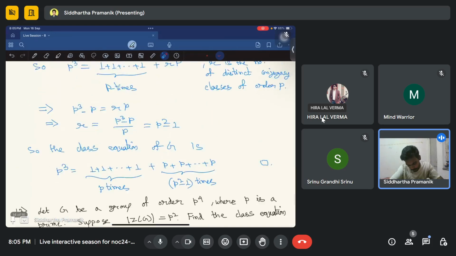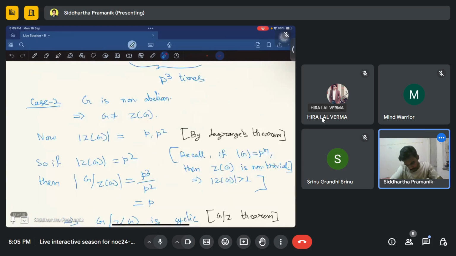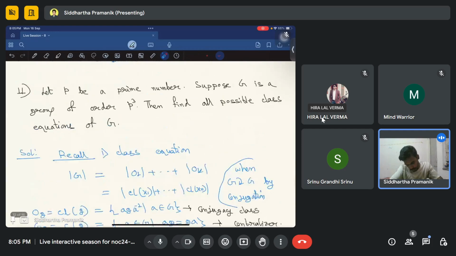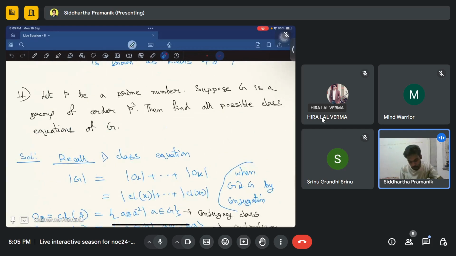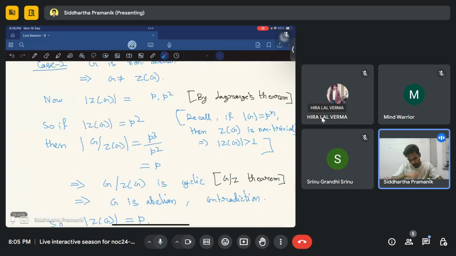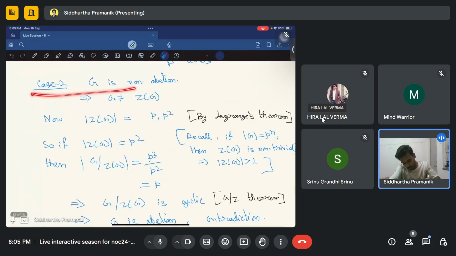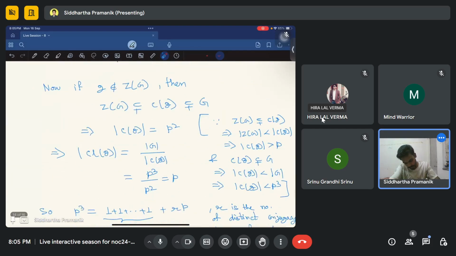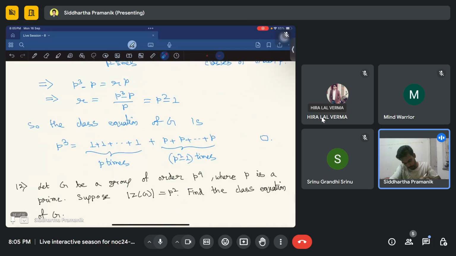Let's go back to this. Yes, this one. We have done it for both cases, abelian and non-abelian. For the non-abelian case, this is case 2. What is the class equation? This is the class equation: pq equals 1 plus 1 plus 1, p times, plus p plus p, p square minus 1 times.